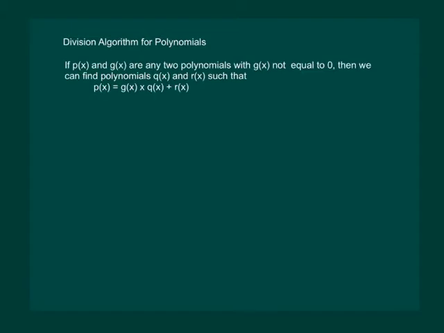The algorithm states that if p of x and g of x are any two polynomials with g of x not equal to 0, then we can find polynomials q of x and r of x such that p of x equal to g of x into q of x plus r of x.